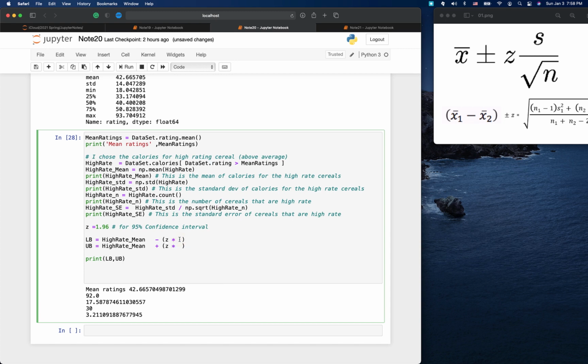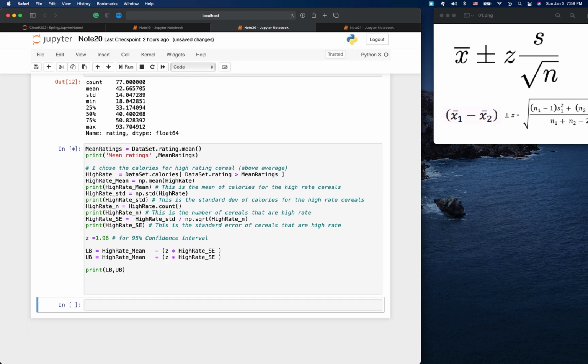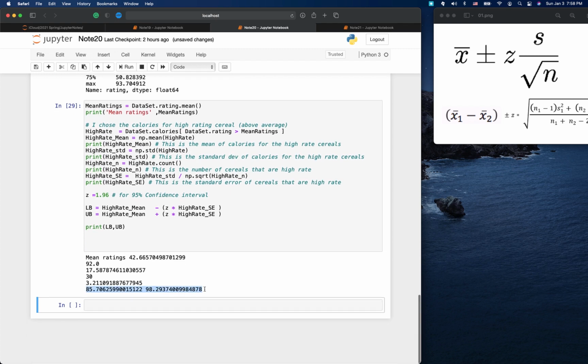And then here I have S over square root of n, which I calculated to be the standard error.